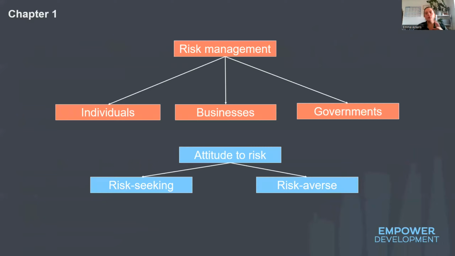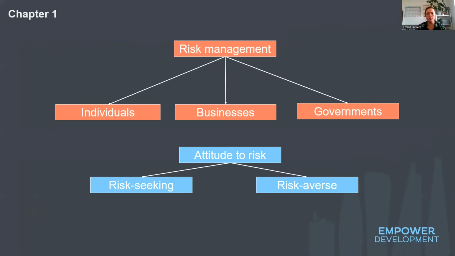So you'll know from your previous studies that the term risk is used in many different ways across the insurance industry and in everyday life. So risk is addressed through the activity of risk management, which helps to protect individuals, businesses, and governments from harm.